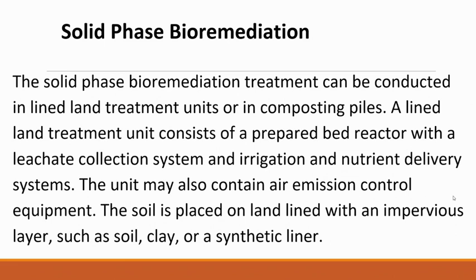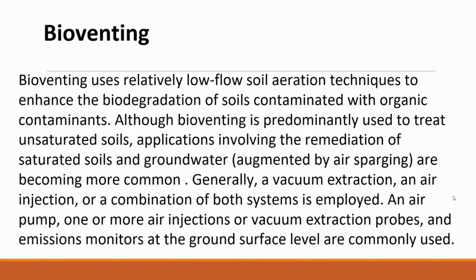Okay, now in this place, the whole thing is an open environment, but you're going to introduce irrigation here so that you are taking care of the moisture content. You have to have a way of delivering the nutrients to the organisms. Now, this unit may also contain air emission control equipment. Now, the soil is placed on land lined with impervious layers such as soil, clay, or synthetic liners.